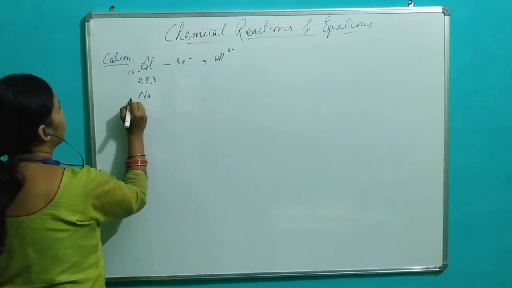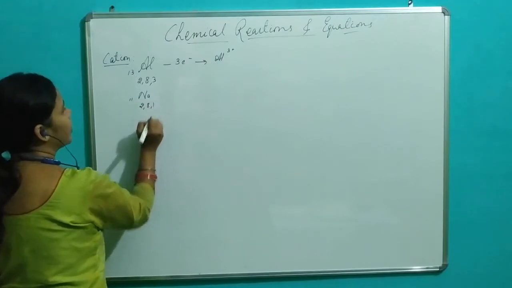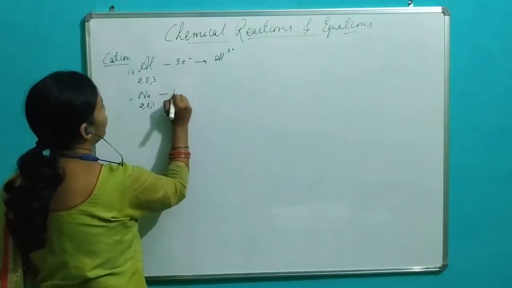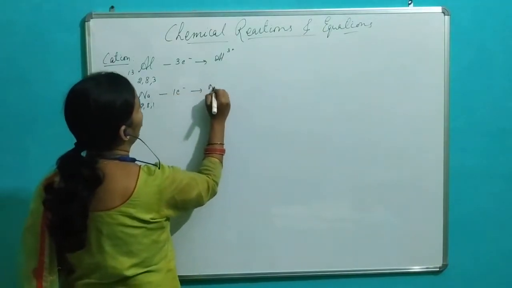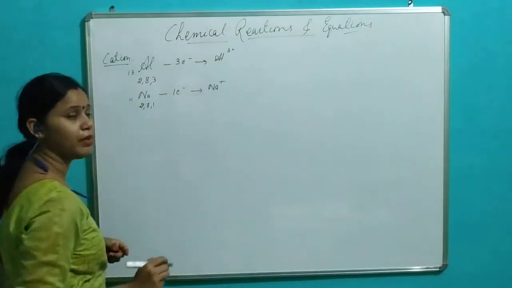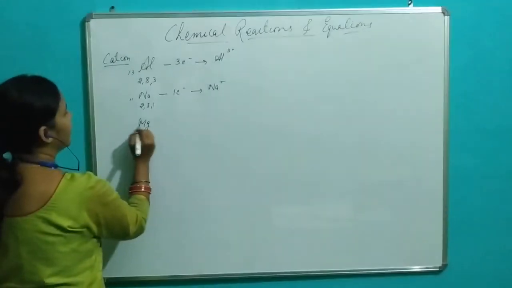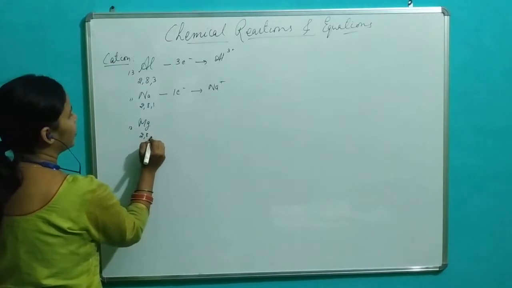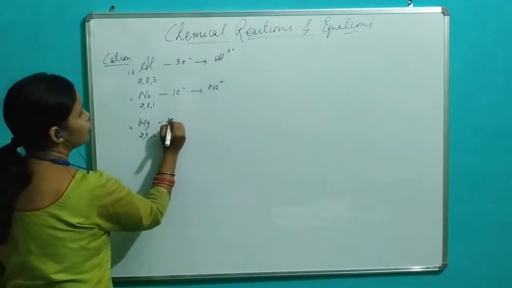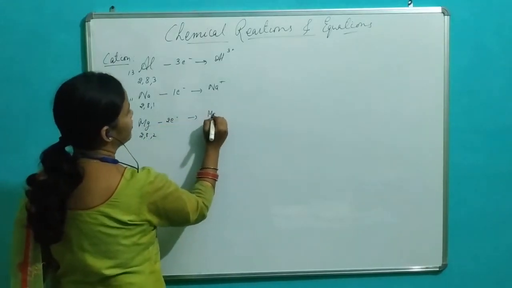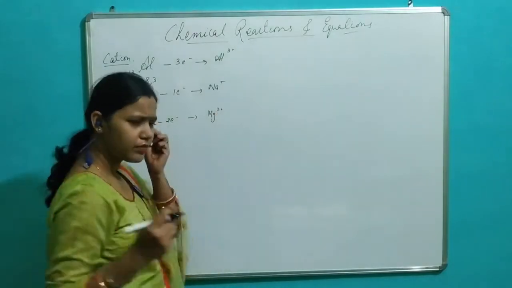Sodium, which is 11, electronic configuration 2, 8, 1, can lose 1 electron to form Na+. Similarly, magnesium is 12, electronic configuration 2, 8, 2, can lose 2 electrons to form Mg2+. And so on.